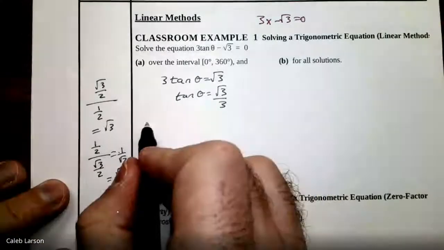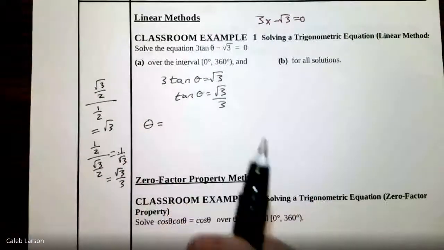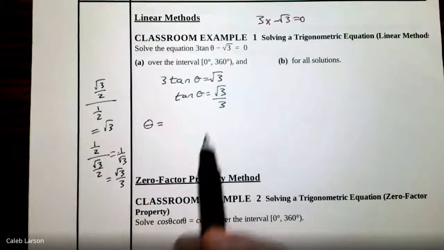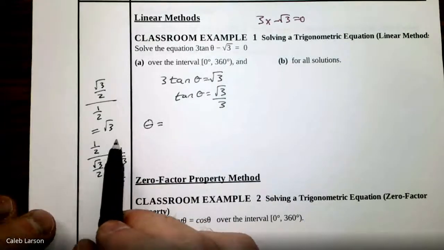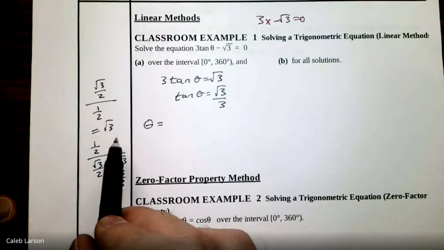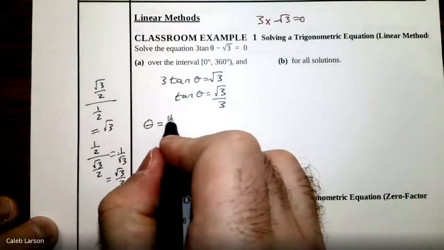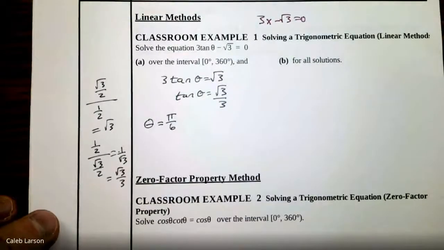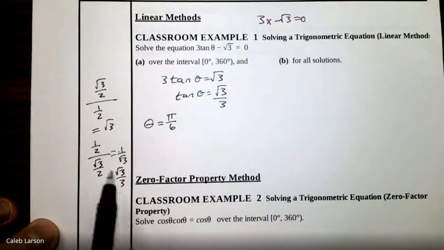So that means that what we have for answers in quadrant 1, where we have the sine being 1/2, is pi over 6. That's in quadrant 1, because then we have 1/2 over root 3 over 2, like we just talked about.